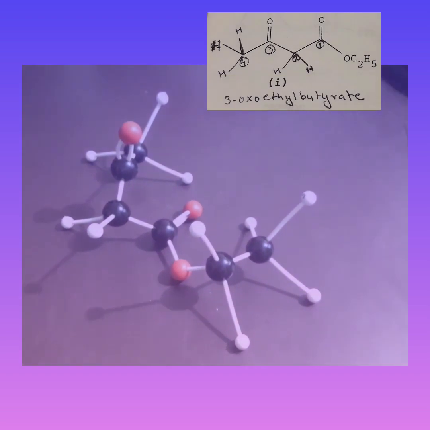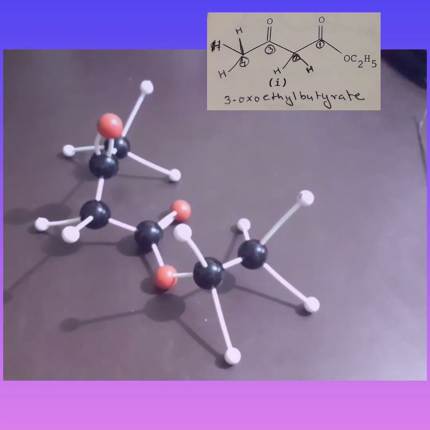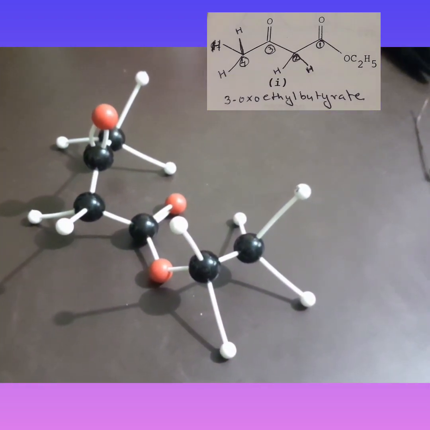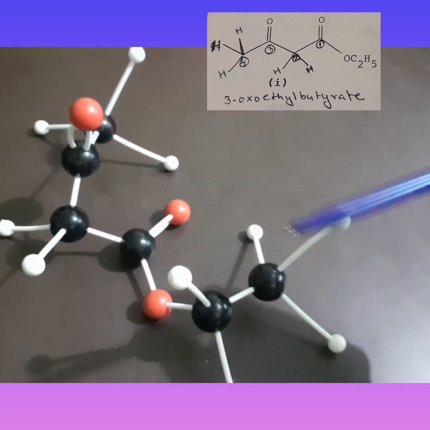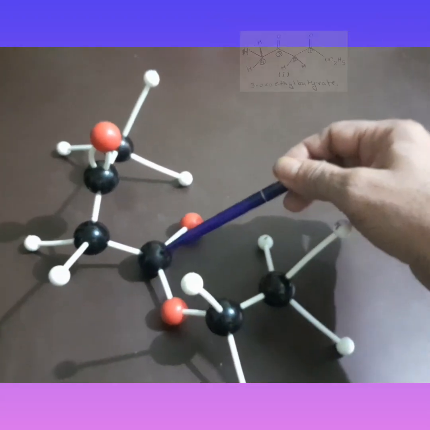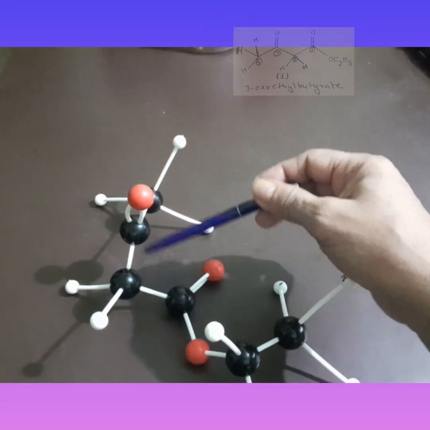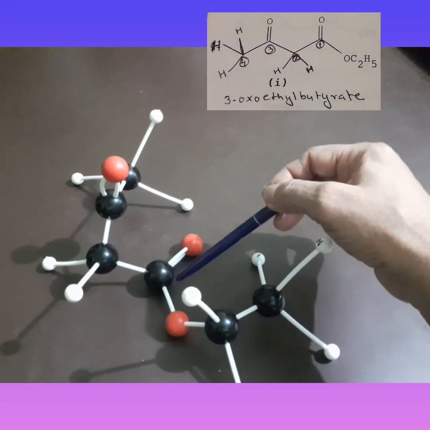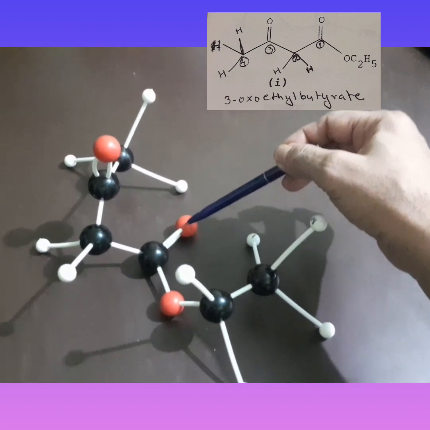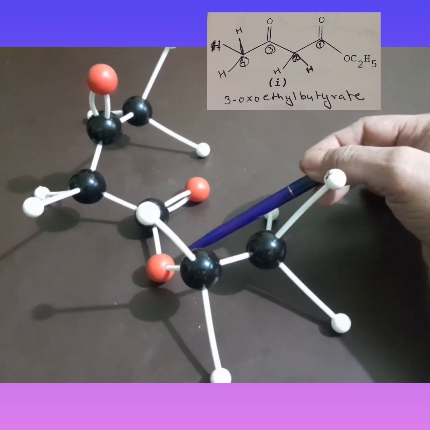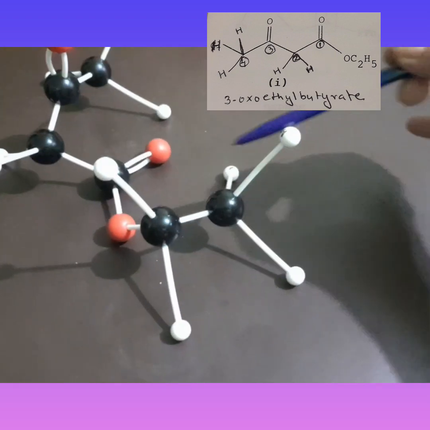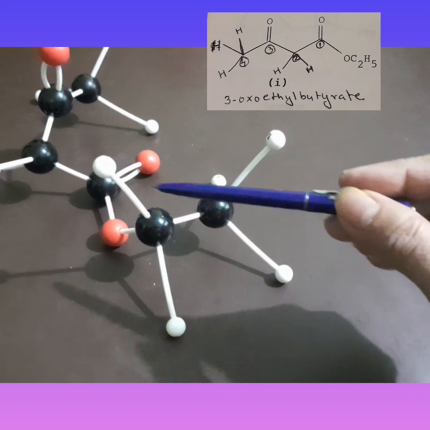This is the structure of ethyl 3-oxobutyrate. Now let's analyze why it is a derivative of butyric acid. It is a derivative of butyric acid because we know that this is carbon 1, 2, 3, 4. This is a 4-carbon acid. Now this is C double bond O, and O, and C2H5, that is CH3, CH2.